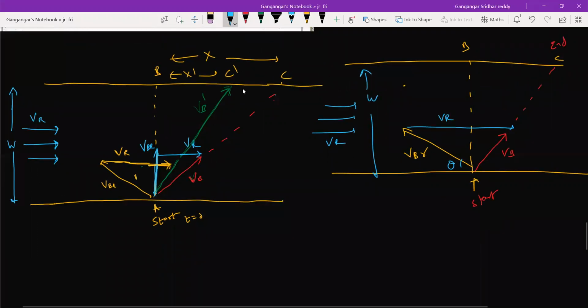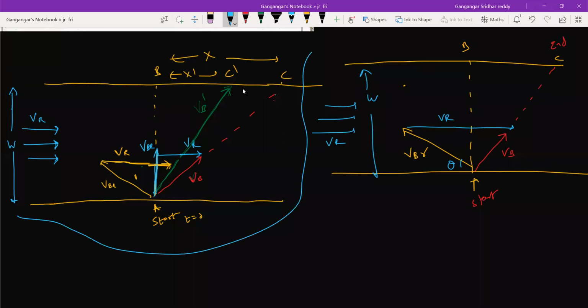I'll directly take help of this. So first, there's the analysis. A student must analyze it. This is for solving the problem. Solve from this diagram.